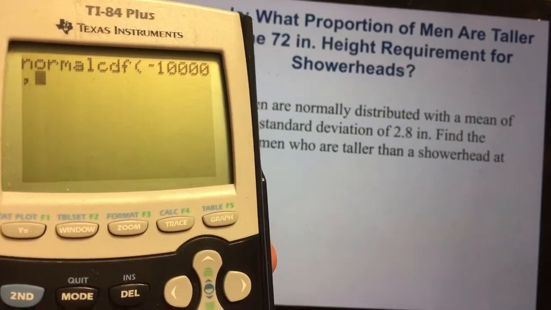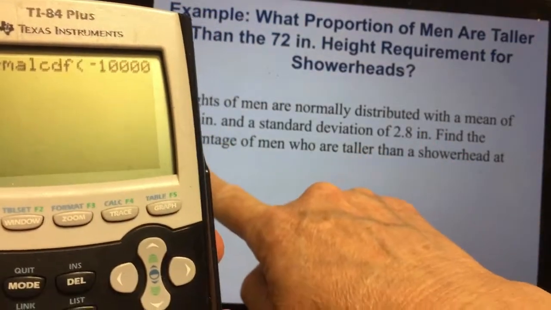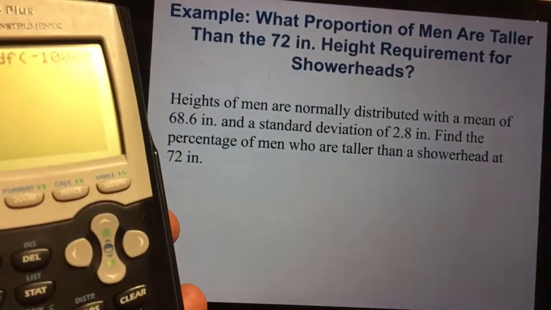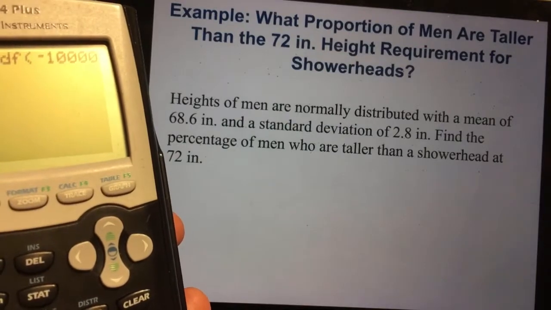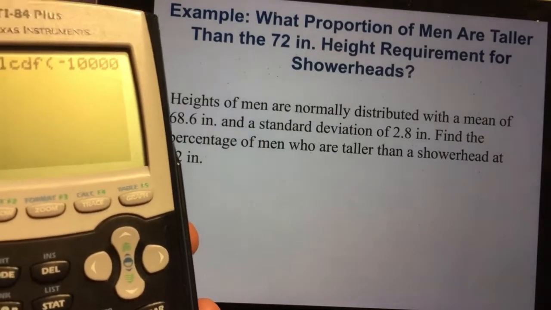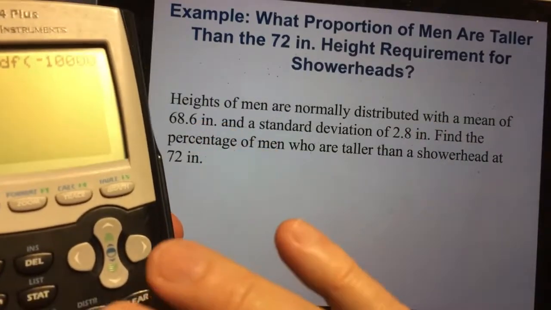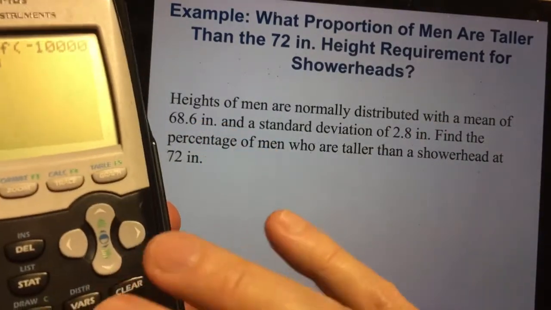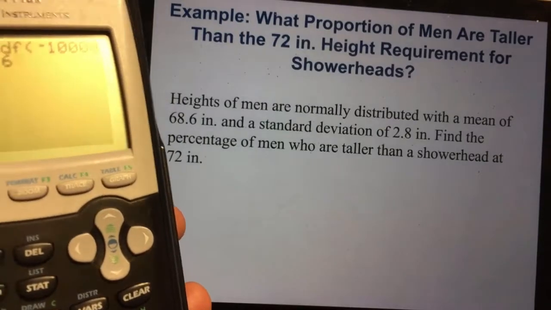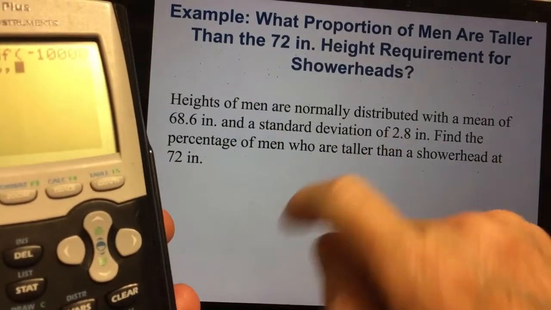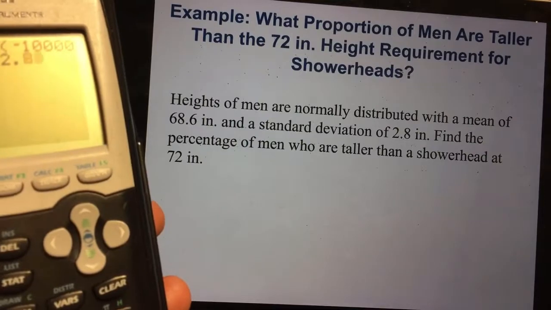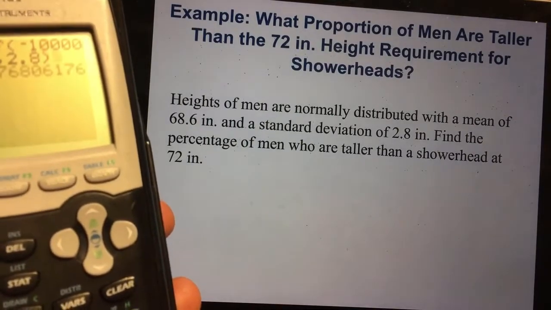And then I'm going to put my rightmost number, which was the 72 inches. So I'm going to put my 72 here, then a comma, then my mean, which is 68.6, and another comma, and my standard deviation, which is 2.8. I'm going to close that and hit enter.